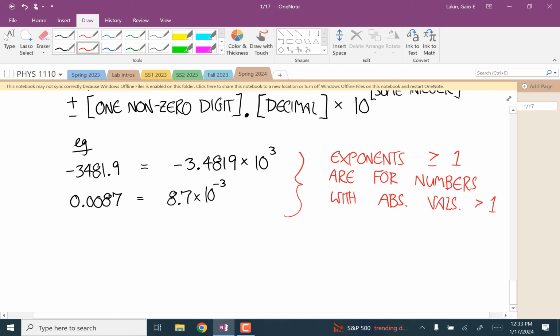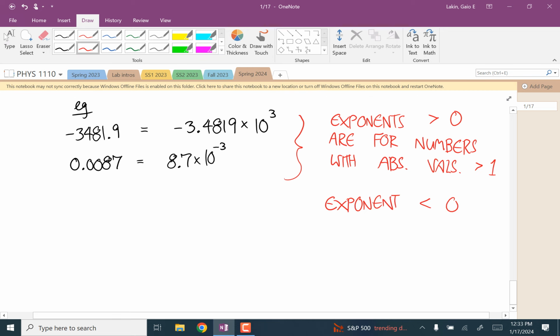And if the exponent is, no, I did this wrong. If the exponents are greater than 0, then that means the number's absolute value is greater than 1, okay? If the exponent is negative, less than 0, that's for numbers with an absolute value smaller than 1.